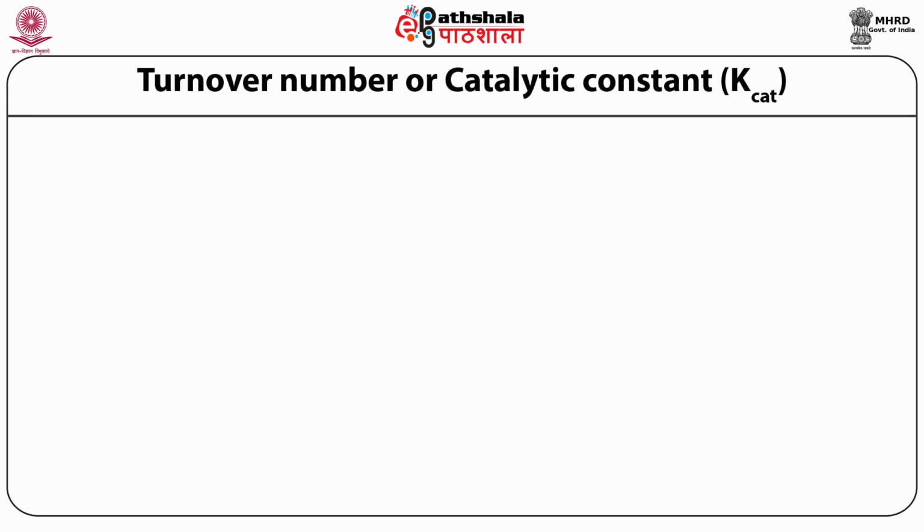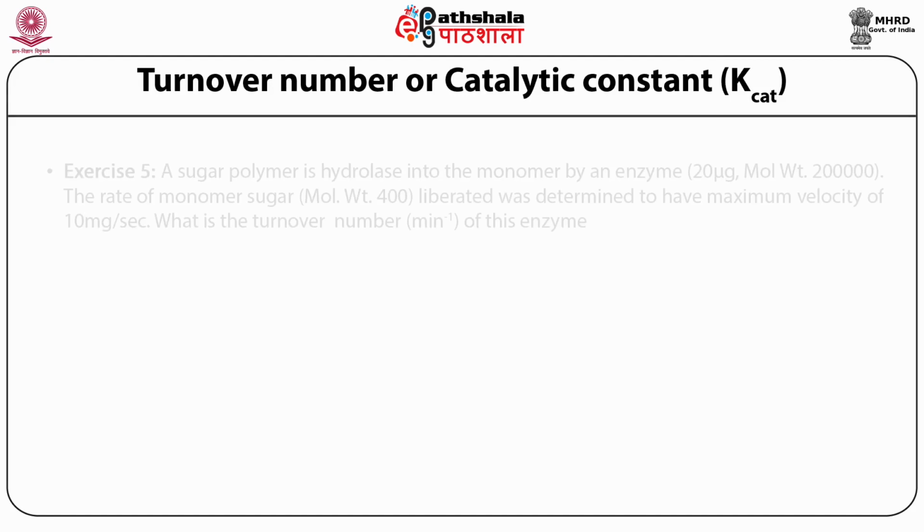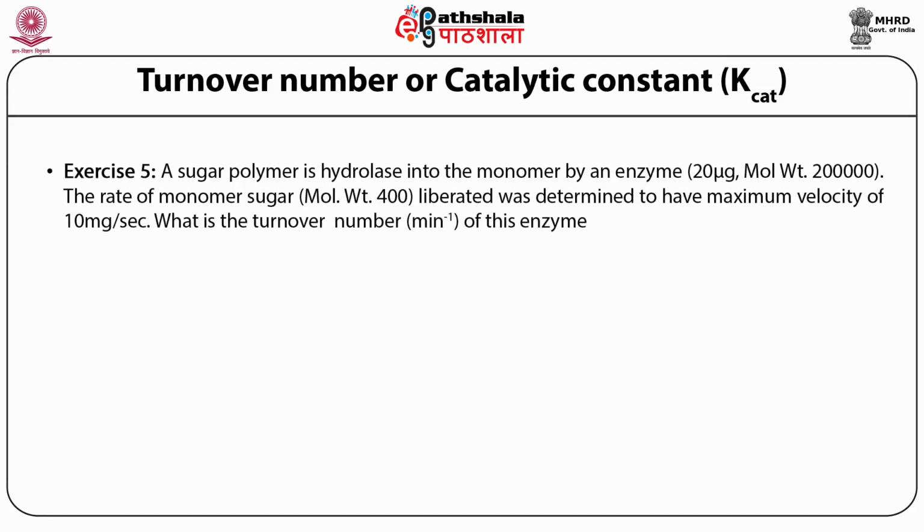We have an example where a sugar polymer is hydrolyzed into the monomer by an enzyme, and the concentration of the enzyme is not known here. But we know that the enzyme is present in terms of weight, 20 microgram, and its molecular weight is 2 lakhs.